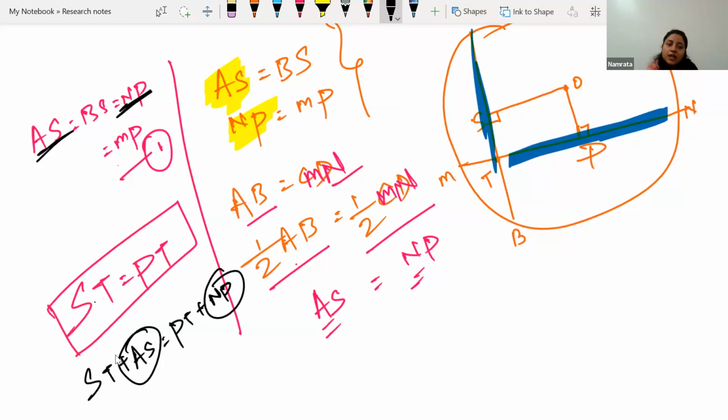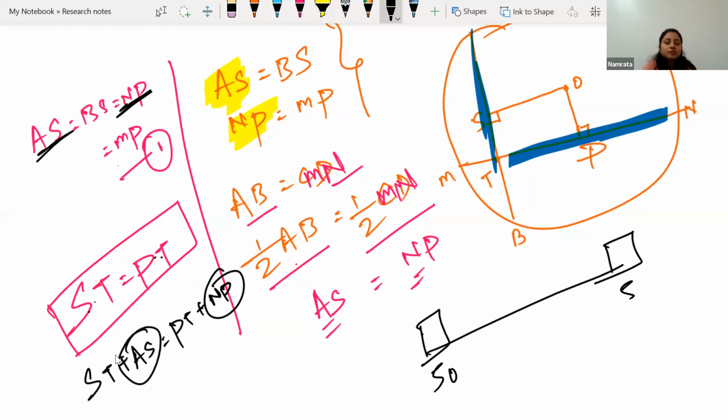So if equals are there, ST and PT both are equal. There is a theory of Euclid which says that if two things are already equal, if we are sitting on a seesaw and there is already equal weight on both sides, 50 kg, 50 kg, now if I keep 1 kg over here and 1 kg over here, still both will be equal. That's what Euclid says.